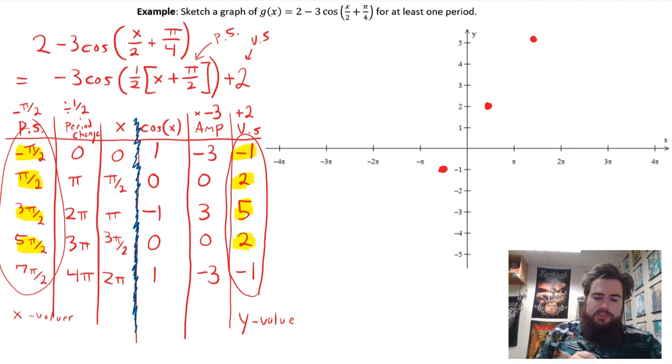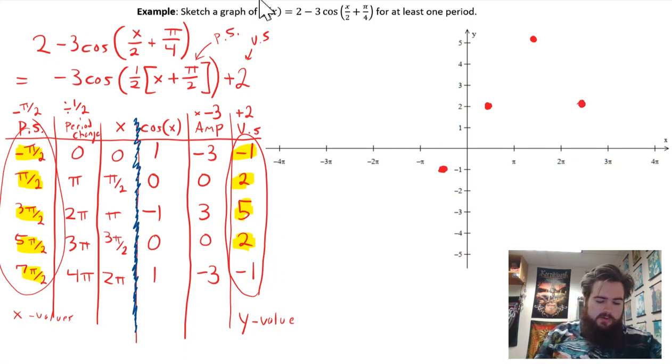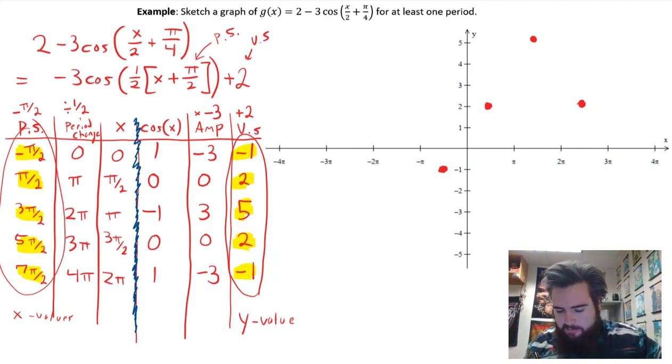5 pi halves and 2. 5 pi halves is between 2 pi and 3 pi. Puts me about here. The last coordinate we have is 7 pi halves and negative 1. Puts me about here.